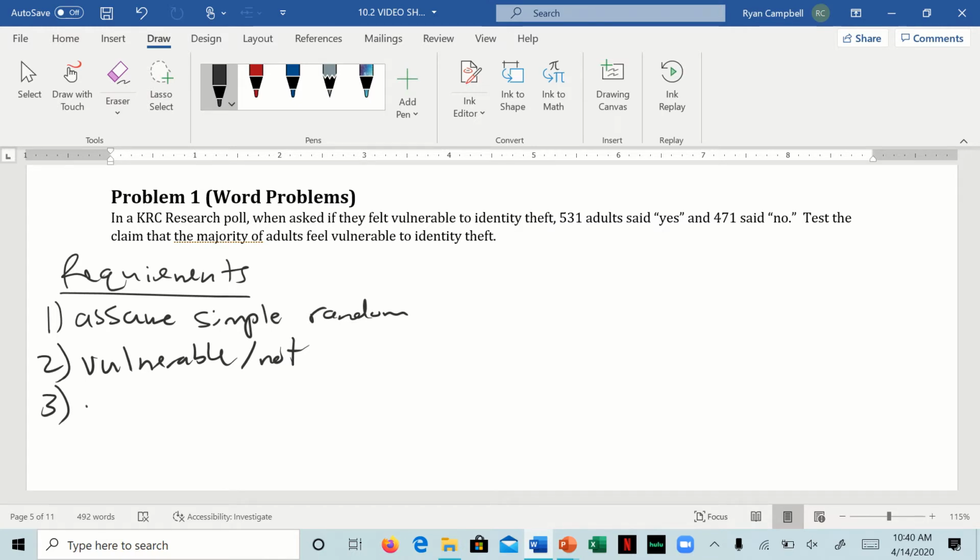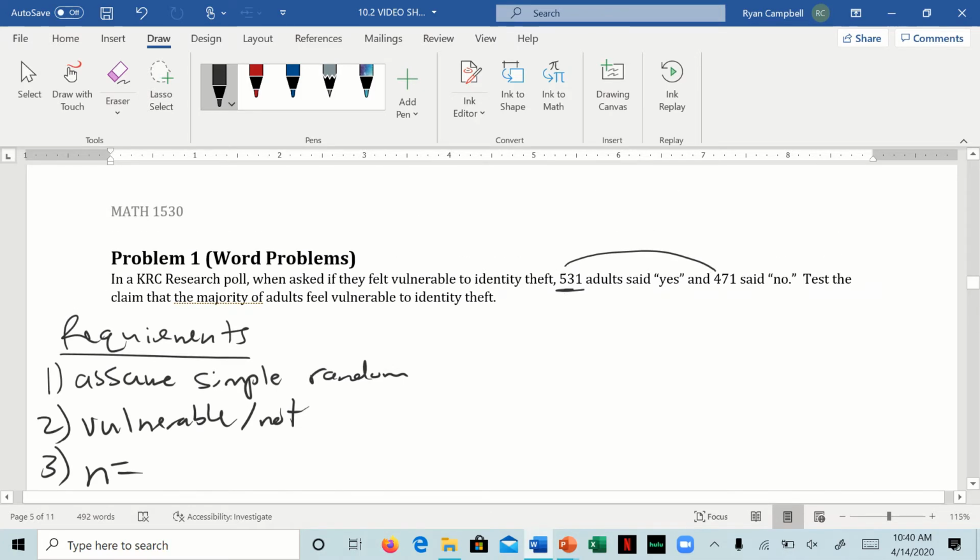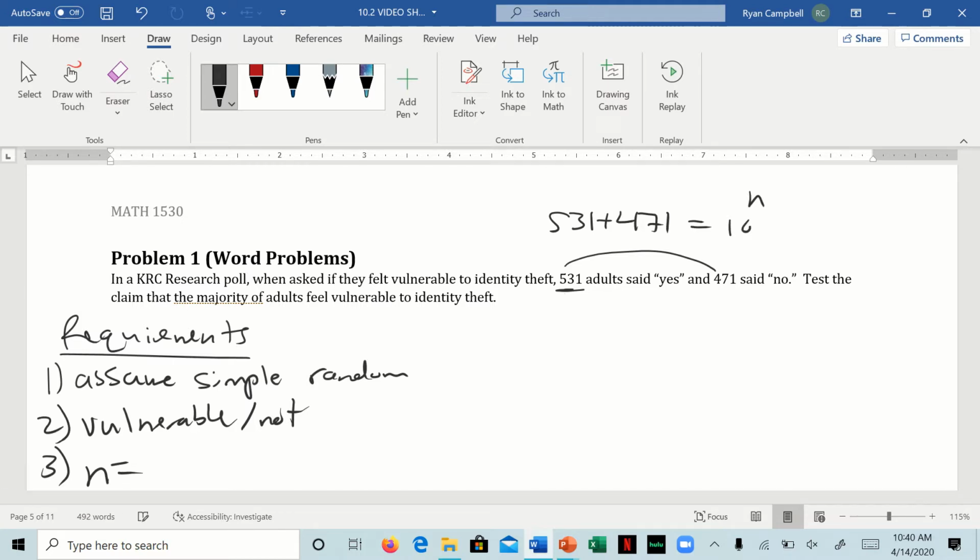So what is our sample size this time? It's not just the bigger number, it's not 531, it's the combination, right? You either said yes or you said no, so when we add those 2 numbers up, we see that our sample size is 1,002.